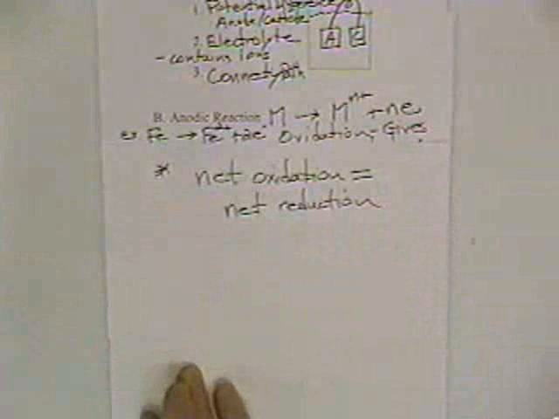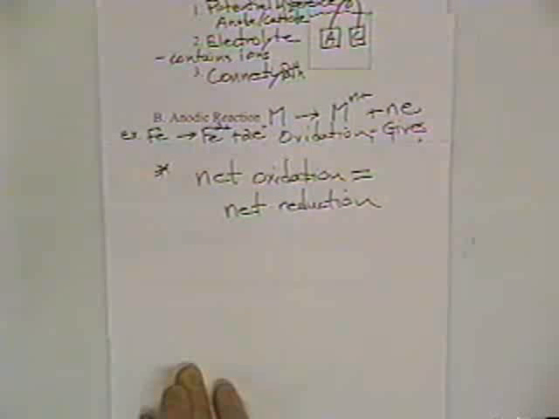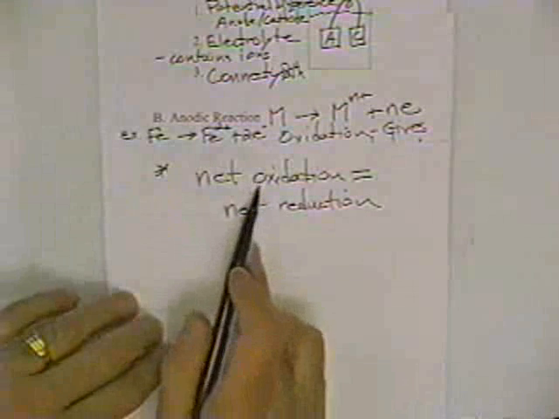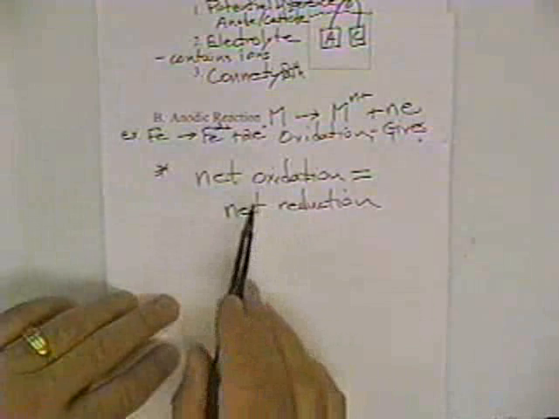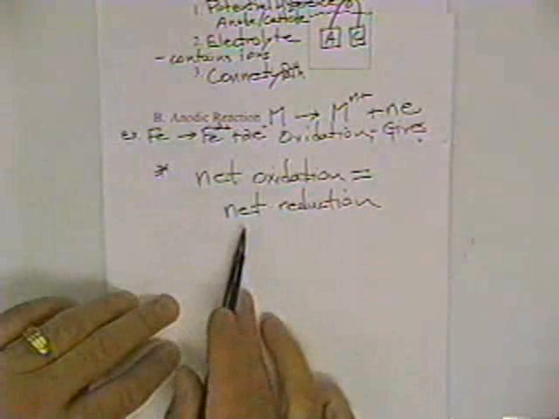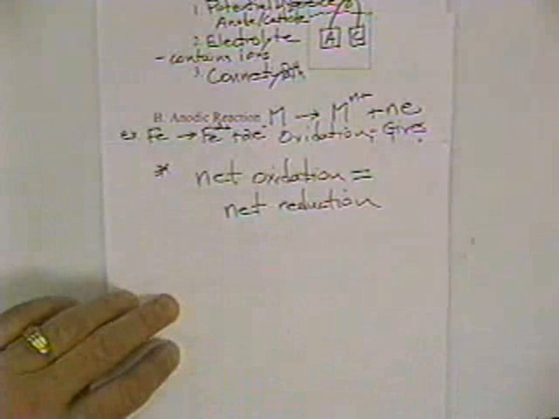So the electrons that are produced must be consumed. We've learned another way to slow the corrosion process, and that is to slow either one of those reactions so that the electrons are either not produced or not consumed as easily, and that will slow the corrosion reaction.